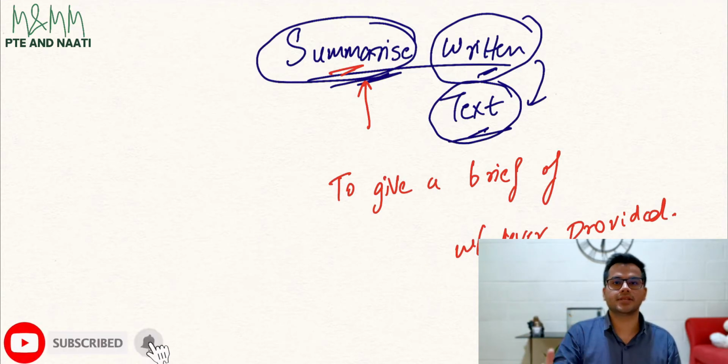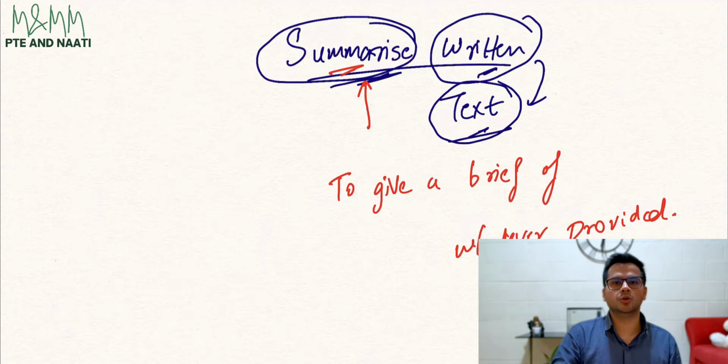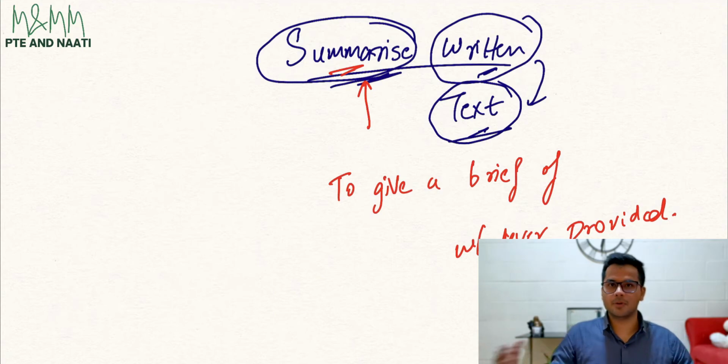That means if someone is sitting in front of you, for example, the easiest way to understand would be you went to a movie theater, you watched a movie, and then you have to explain that movie to your friend within, let's say, 30 seconds. Now, you are not going to explain every single detail of whatever happened in the movie in a lot more elaborate form.